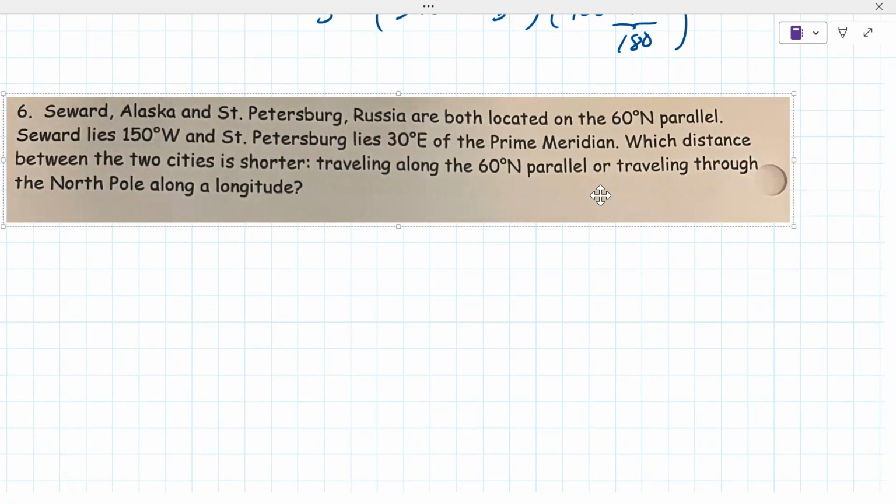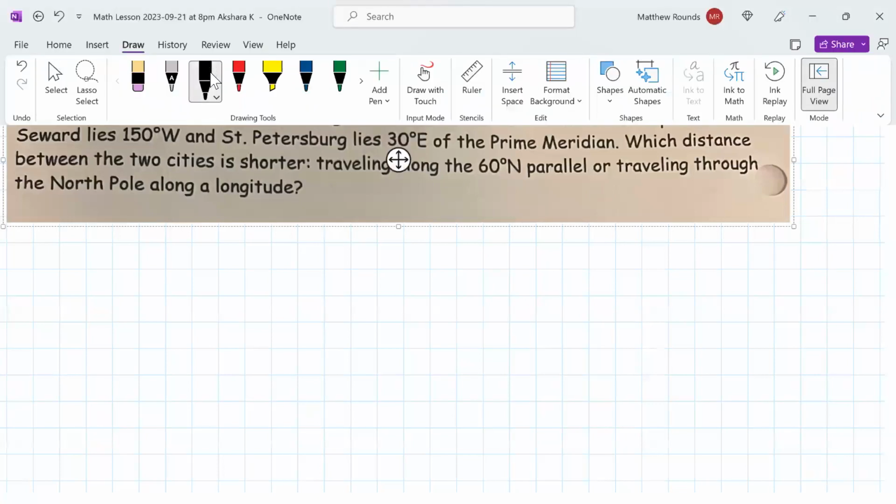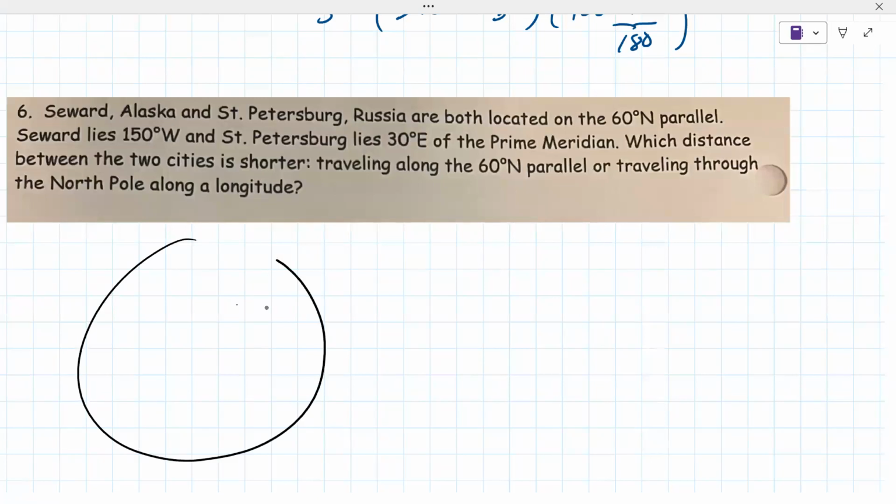Sorry, I'm trying to, it's the same drawing again. It's kind of repetitive. I know as a student it doesn't seem that way, but once you get in the flow of these, it's really just drawing the same picture each time. And I hope you're trying as much as you can on your own to do that.